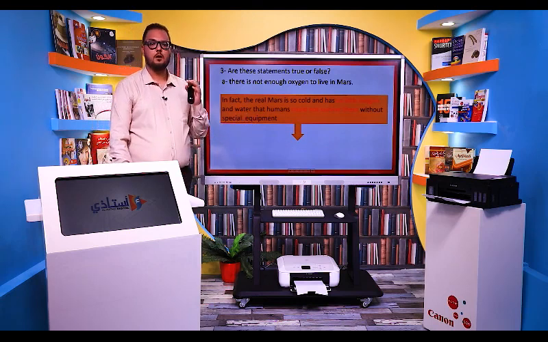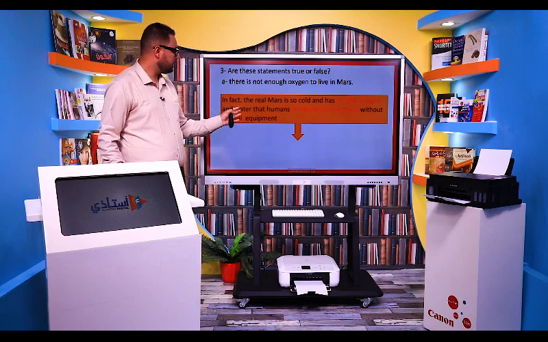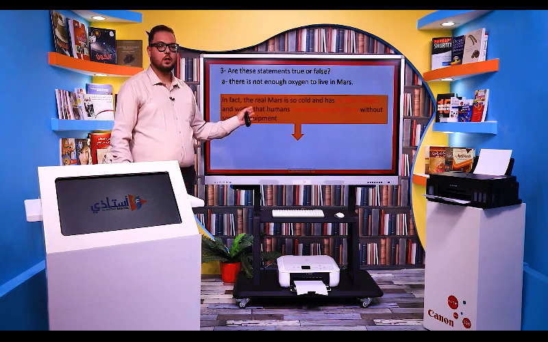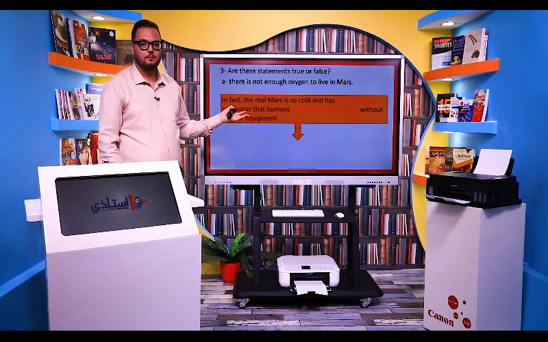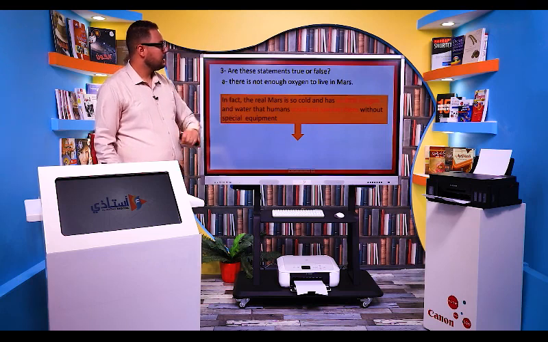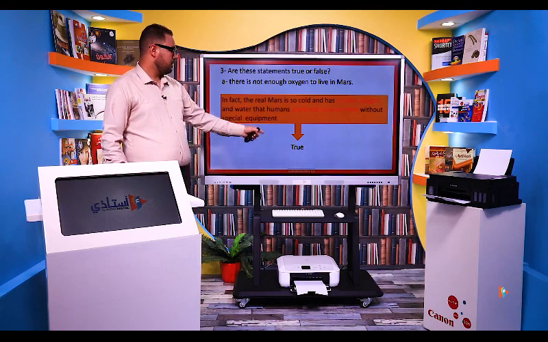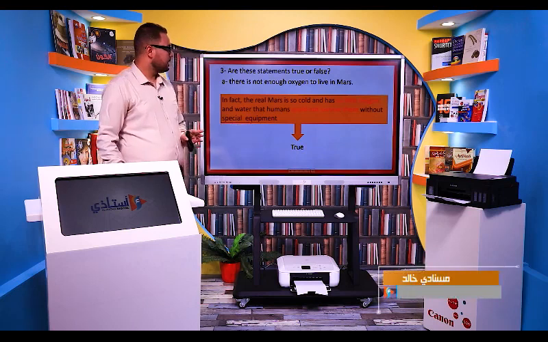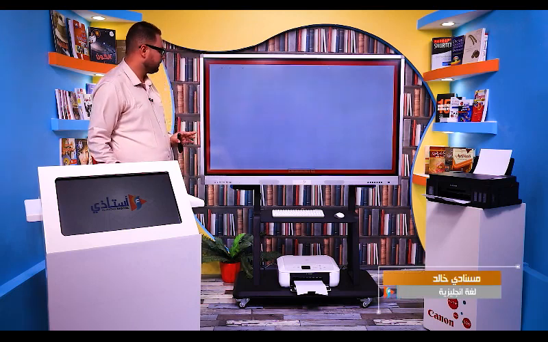So we have to bring or make special equipment to live on Mars because it has so little oxygen. So this sentence is true.